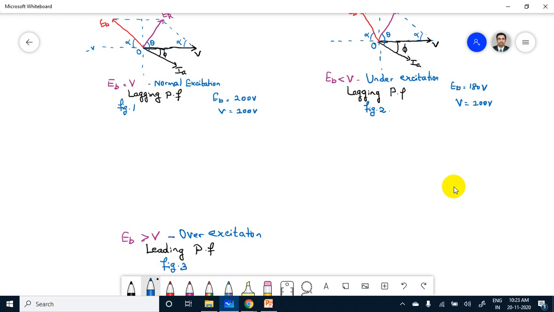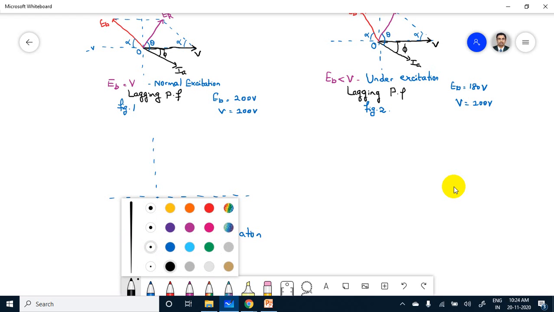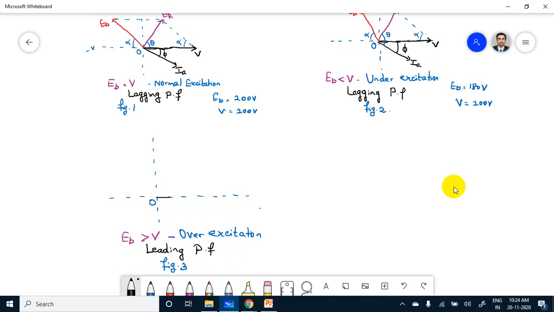Figure 3. In over excitation, first step, again you have to draw x and y axis. Mark down, this is 0. Then we have to draw the voltage. This is voltage.